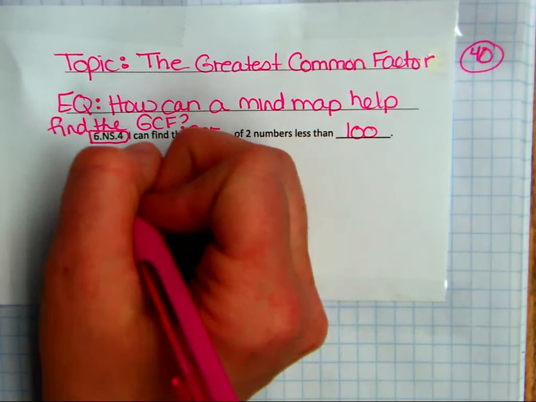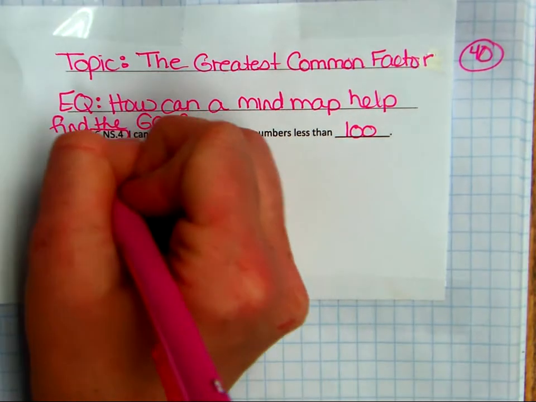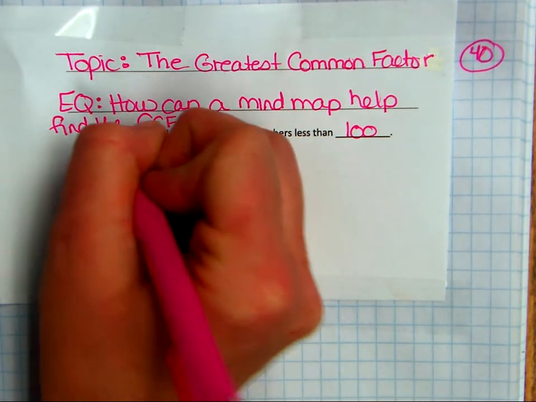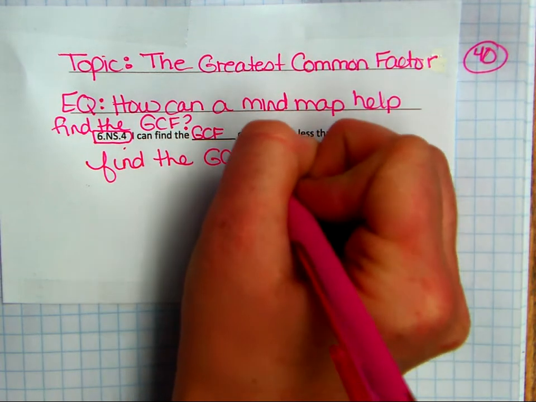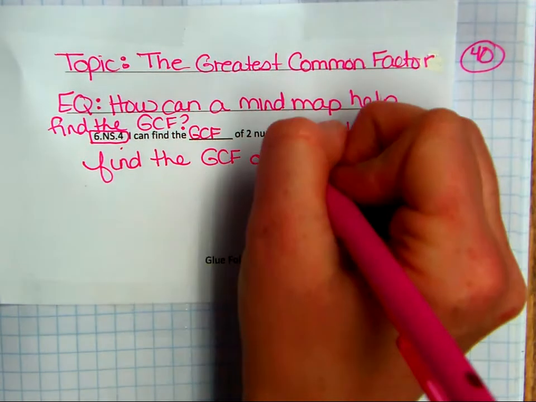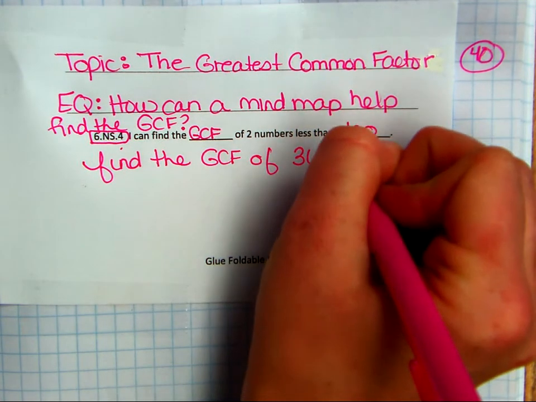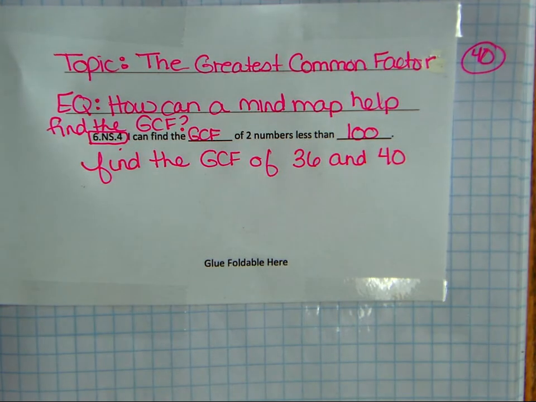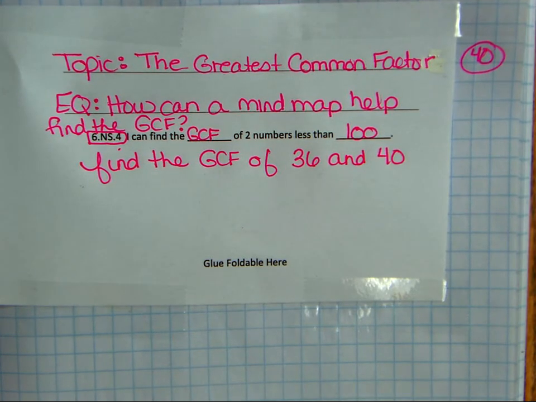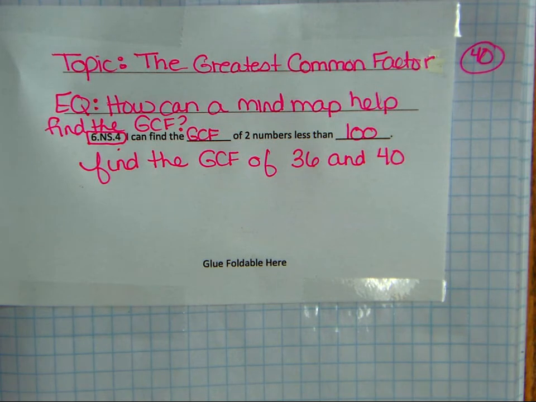Our question first is, we're going to find the GCF, or greatest common factor, of the numbers 36 and 40. So we're going to compare the numbers 36 and 40. We are going to find the greatest, the biggest, common, meaning the same, factor that both of them share.